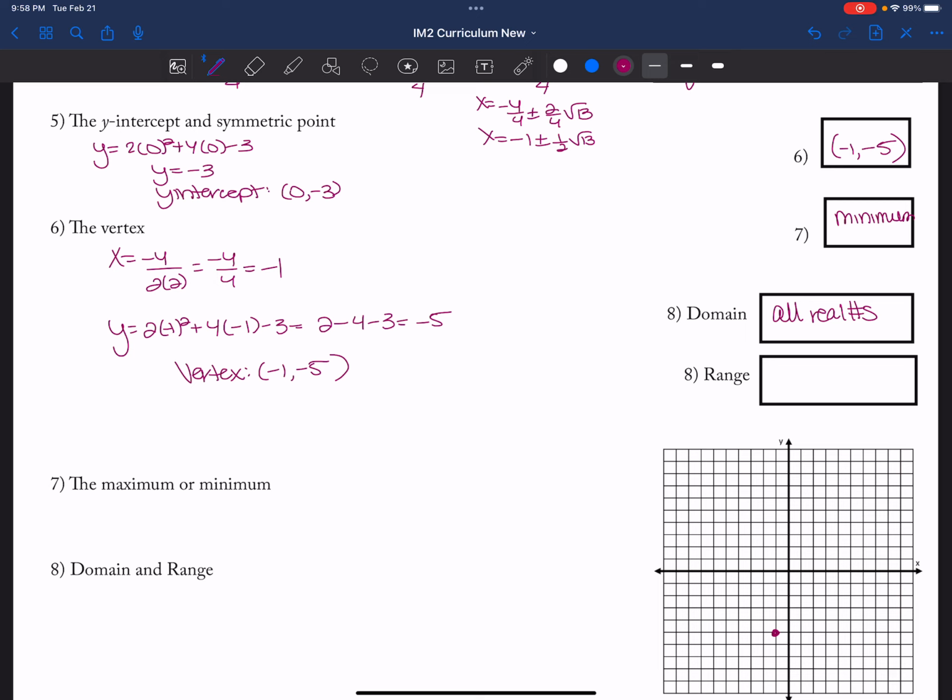Okay, and then my y-intercept is at 3. So that makes my symmetric point at negative 2 comma negative 3.